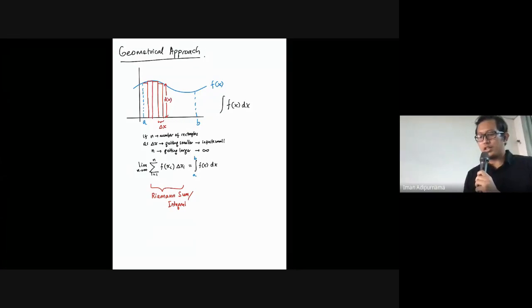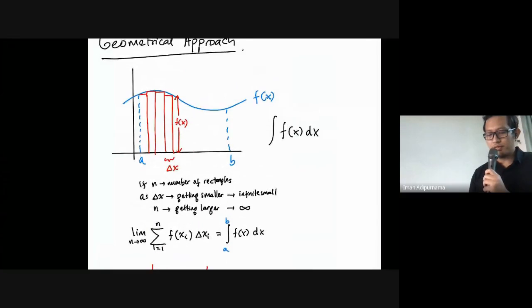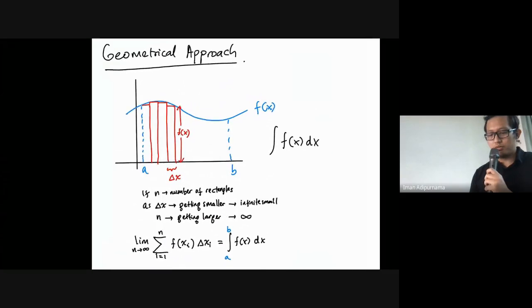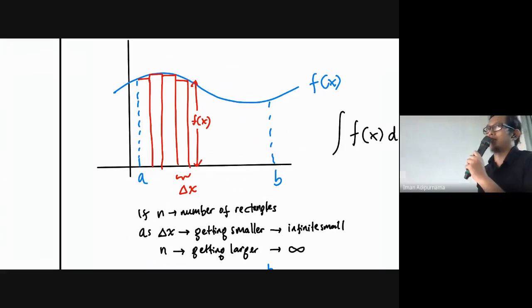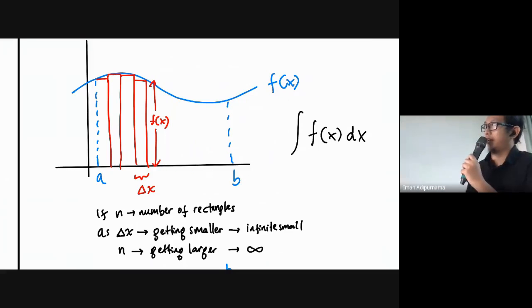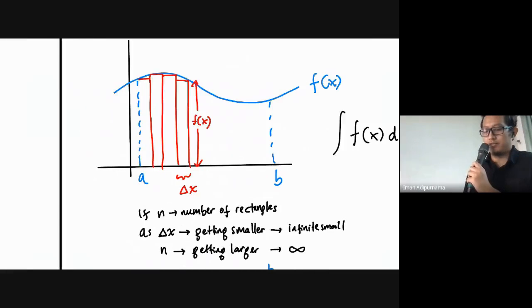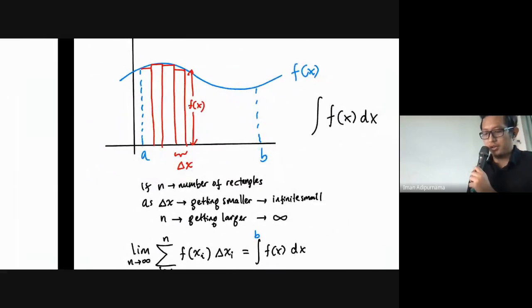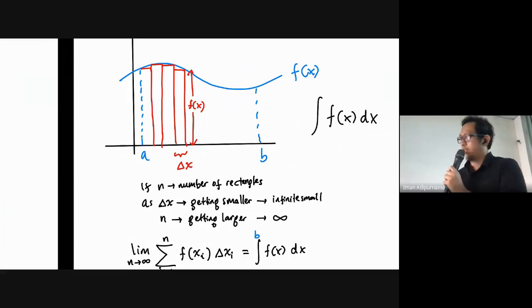Let's start with a little bit of last week's review. One way to approach integration is by a geometrical approach that you can imagine. The idea of integration is basically finding the area under the curve of f of x. You find the area, and that is your integration. We have some approximations that we call the Riemann sum.